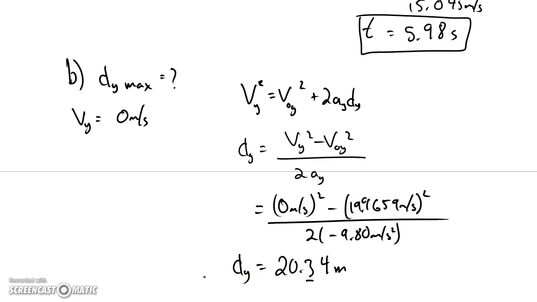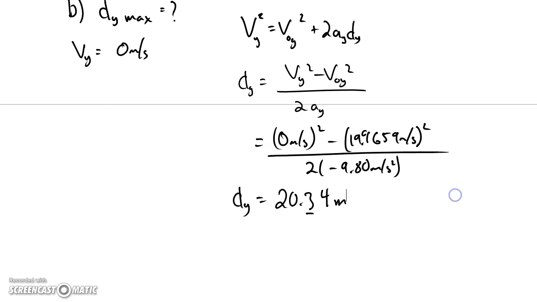But that's not going to be our final answer because we're looking for the maximum height. The cannonball was launched from 60 meters. This is our displacement from launch, which was 60 meters high.